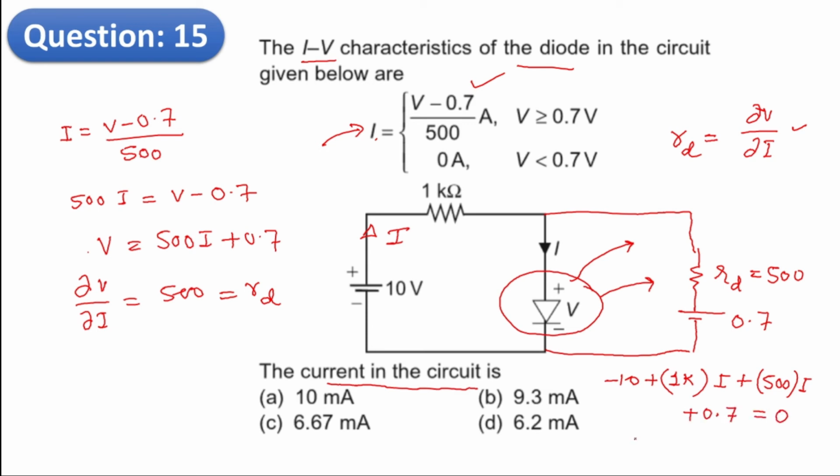So 1.5k into I equals 9.3, and I equals 9.3 divided by 1.5k. This will be in the milliampere range, nearly 6.2 milliampere. So option D is the correct option.